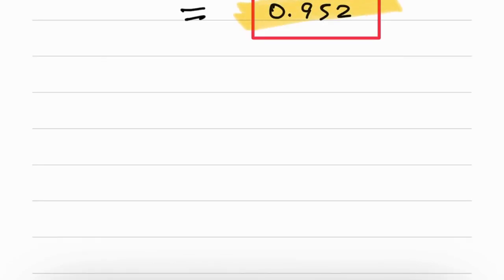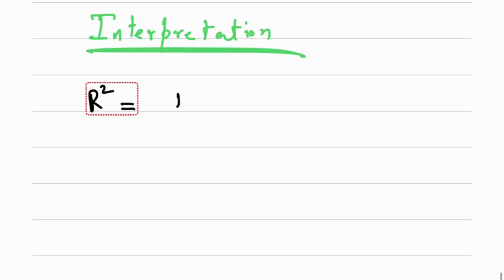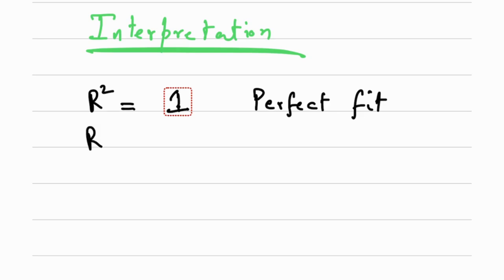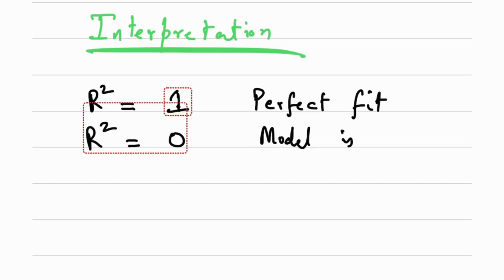So how do we interpret this 0.952? If R square is 1, that means the prediction model was a perfect fit. If R square was 0, that means the model is no better than the average prediction.